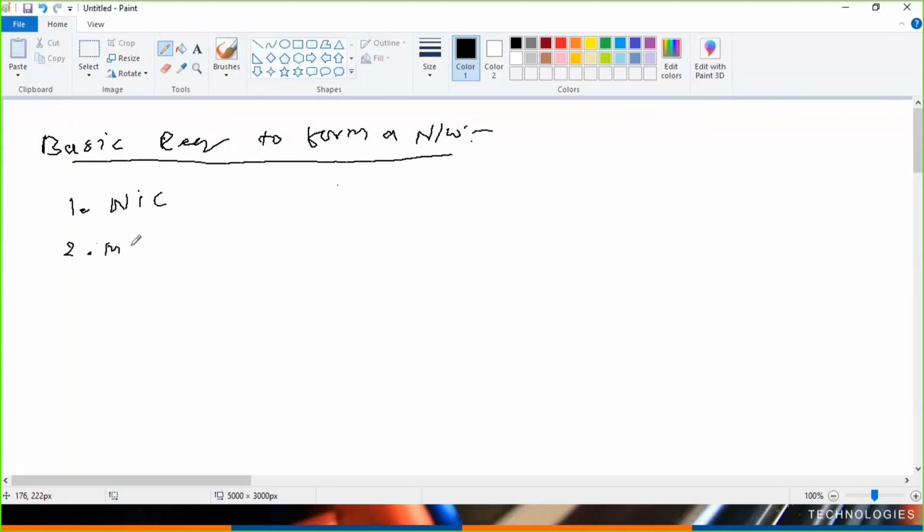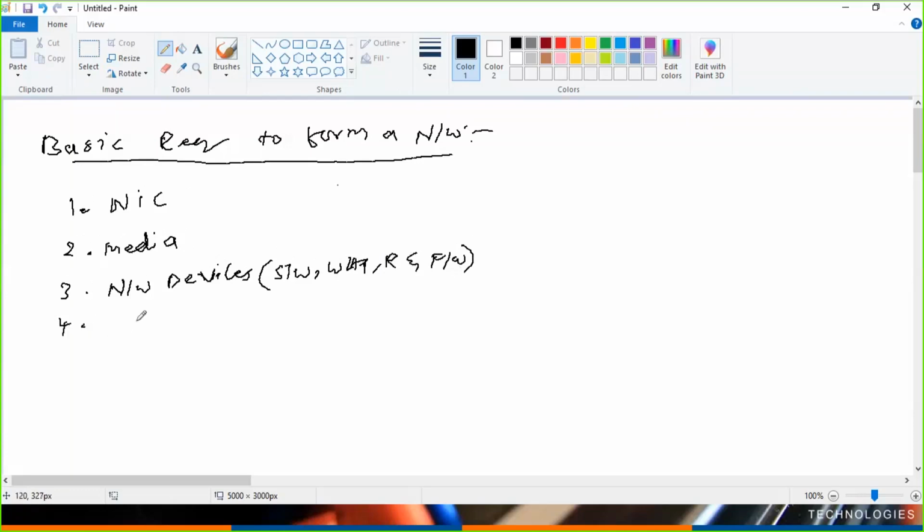Point number two, media. Point number three, networking devices. Networking devices are switches, access points, routers, and firewall.